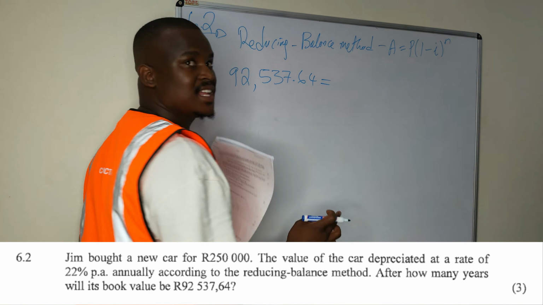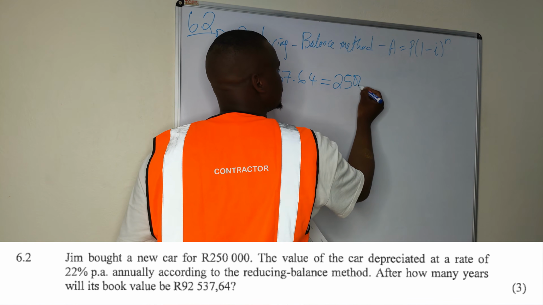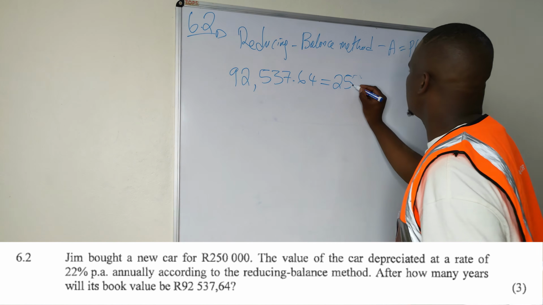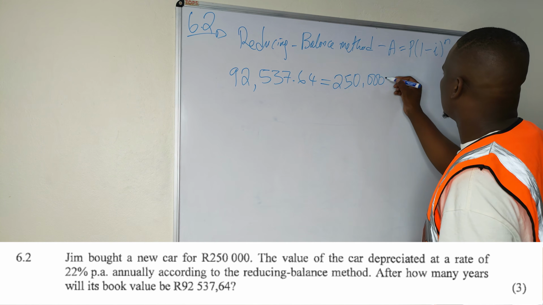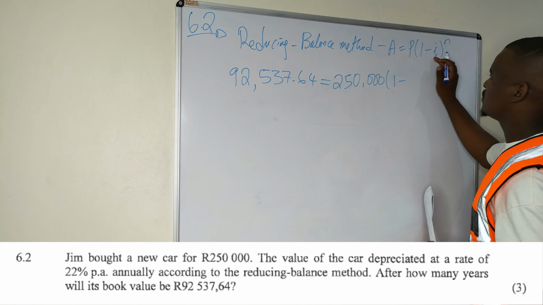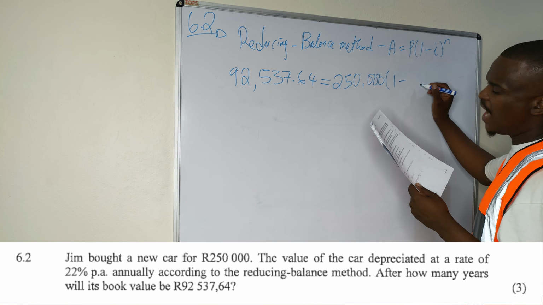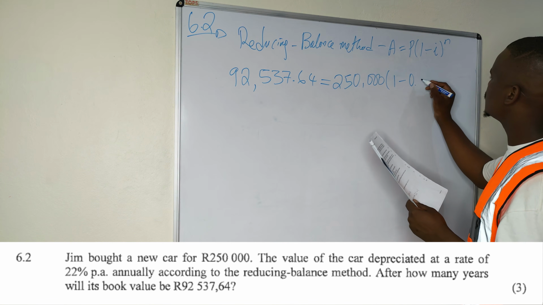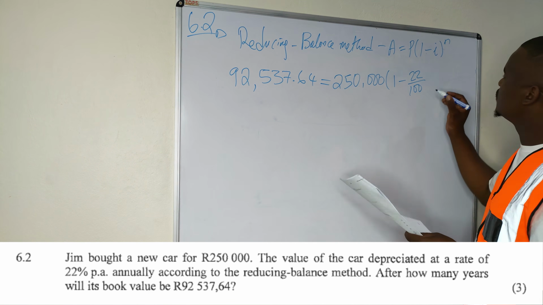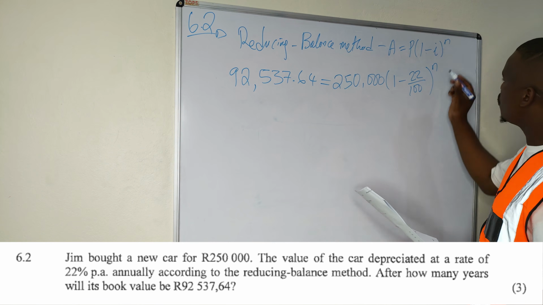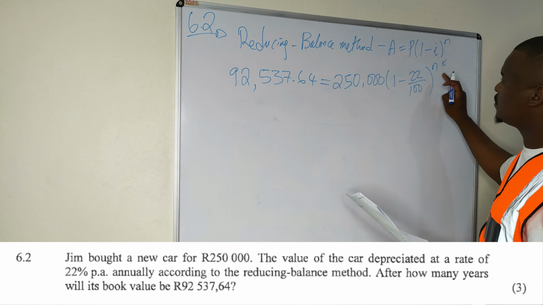It's equal to P, which is the new price of the car, 250,000, times 1 minus i. What is our i? It's 22% per annum, so 22 over 100, raised to n. We want to solve for this n.